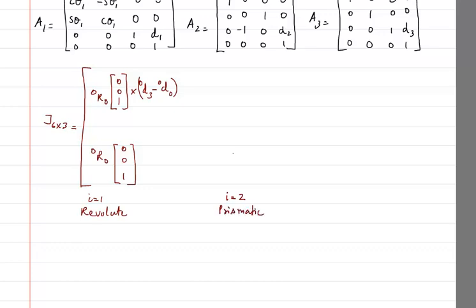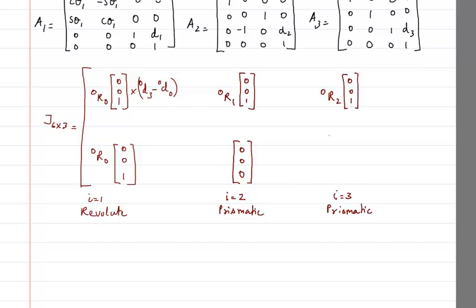It's a prismatic, and then we have 0r_{2-1}, which is 0 0 1, and the bottom part is all zeros, 0 0 0. The third column is I equal to 3, and this is also a prismatic joint, so it should be 0r_{i-1} which is 0r2, 0 0 1, followed by 0 0 0.